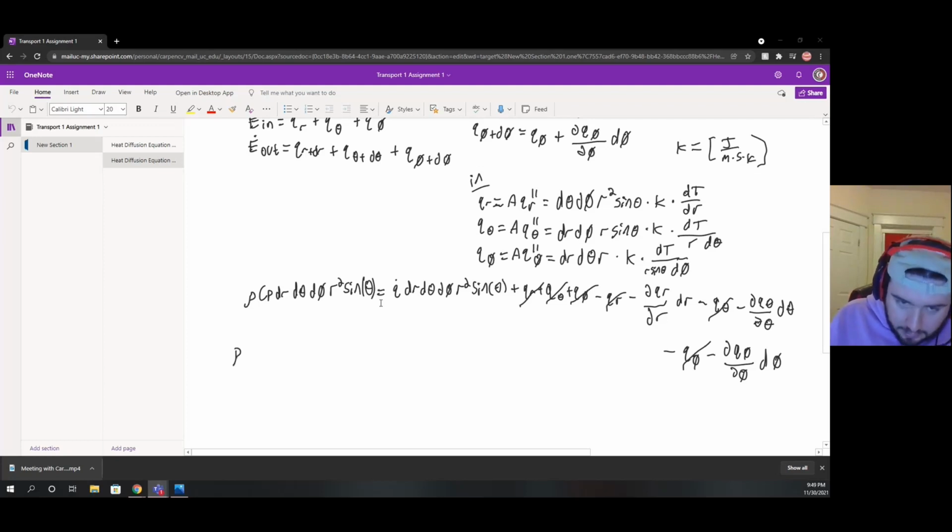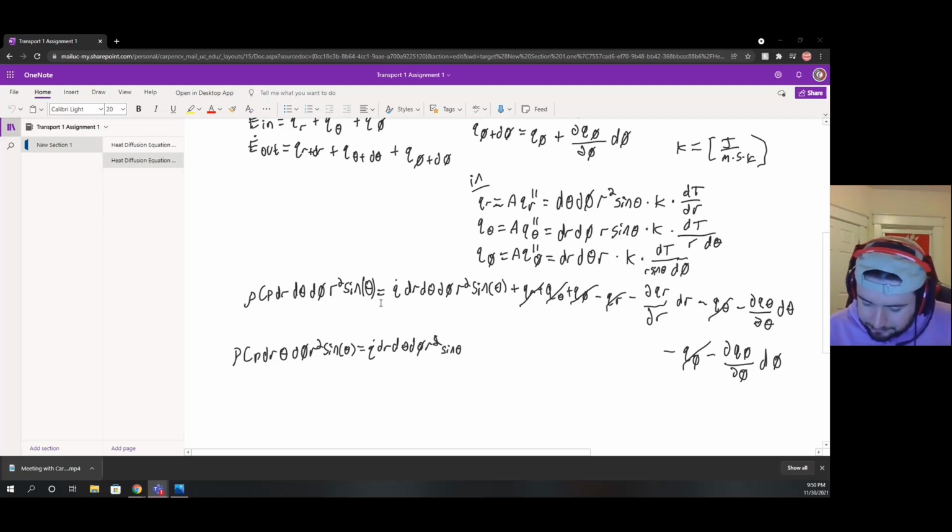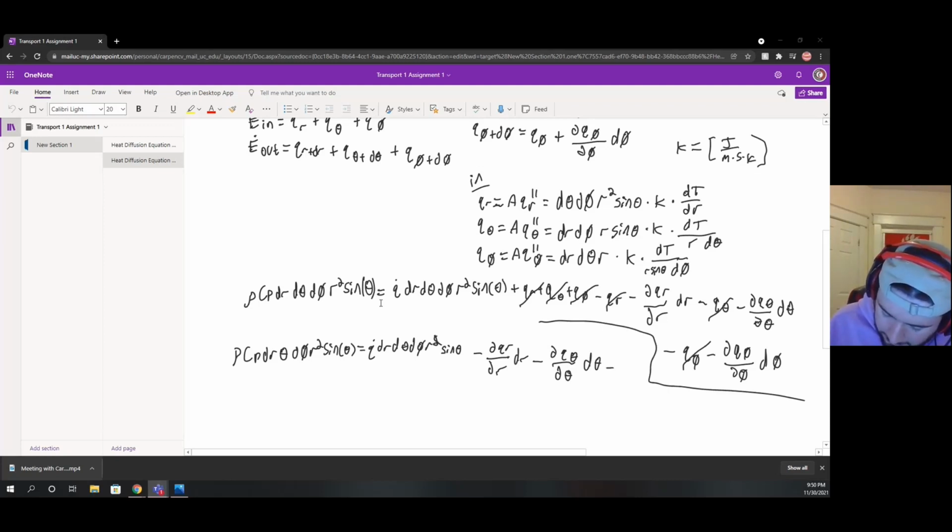So our density times our heat capacity times dr d theta d phi times r squared sine of theta equals our heat generation in that area times dr d theta d phi times r squared sine theta minus partial derivative of the heat flow in the r direction in terms of r times dr, minus partial derivative of the heat flow of theta in terms of theta times d theta, minus partial derivative of the heat flow of phi in terms of phi times d phi.